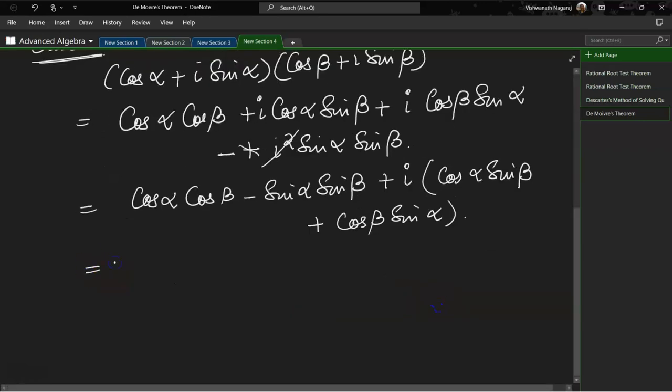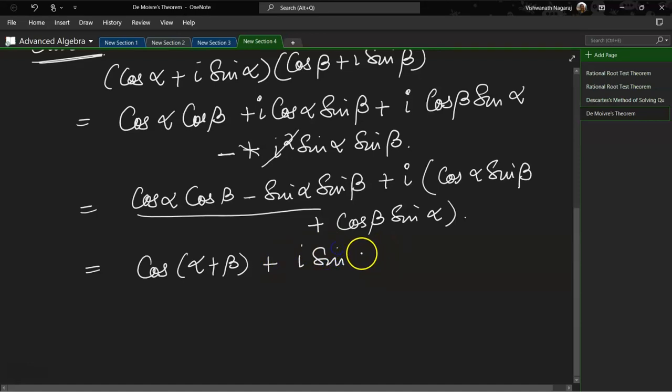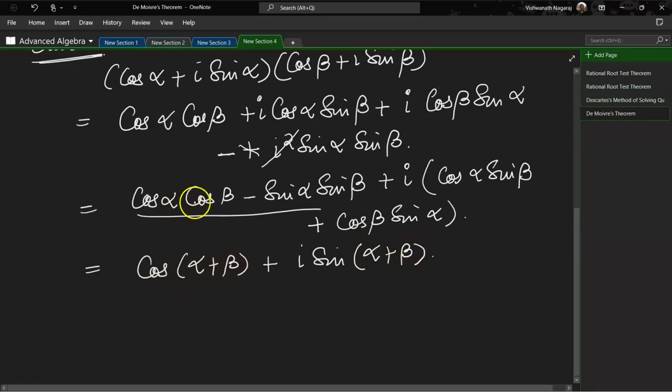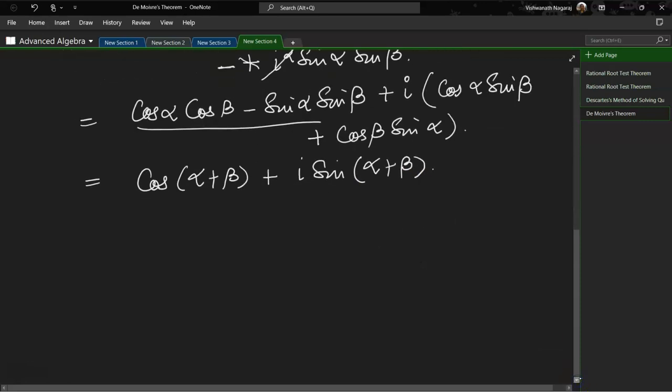Okay, now this part will become cos of alpha plus beta, and the imaginary part will become sin of alpha plus beta. This is based on the identities. So cos of alpha plus beta is equal to cos alpha cos beta minus sin alpha sin beta. Similarly, sin of alpha plus beta is cos alpha sin beta plus cos beta sin alpha. Okay, so we got this. Now let's do this again.